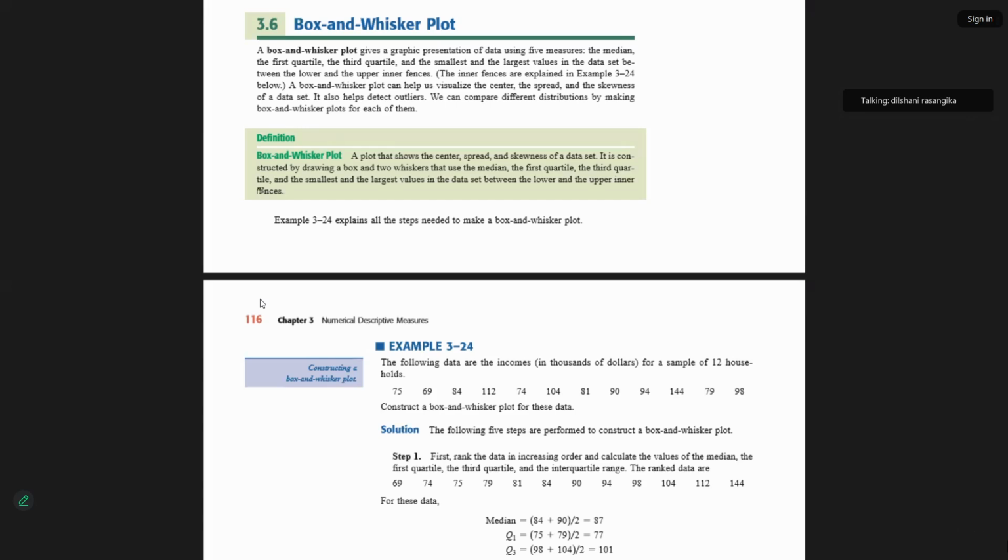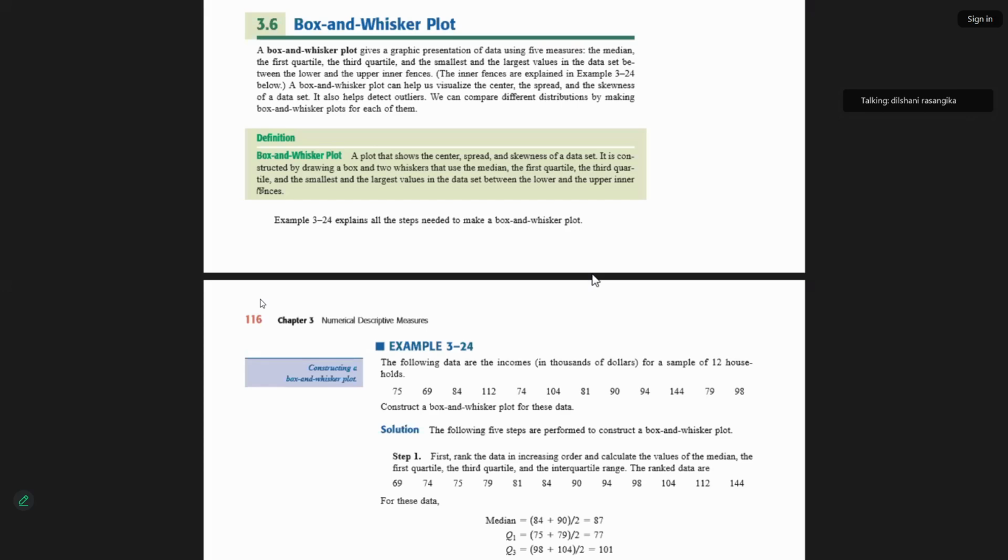What do you mean by box and whisker plot, right? By looking at the definition, you can grab that it is a plot that shows the center, spread, and skewness of a data set. It is constructed by drawing a box and two whiskers that use the median, first quartile, third quartile, and the smallest and the largest values in the dataset between the lower and the upper inner fences.